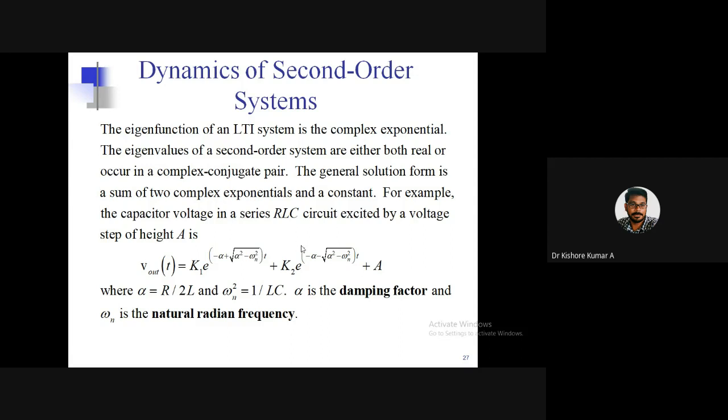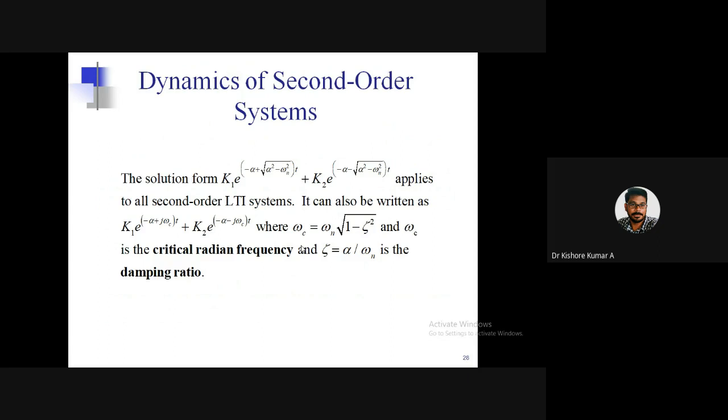In both cases, alpha is defined as R by 2L, and omega n square is 1 by LC. Alpha is the damping factor and omega n is the natural radian frequency.